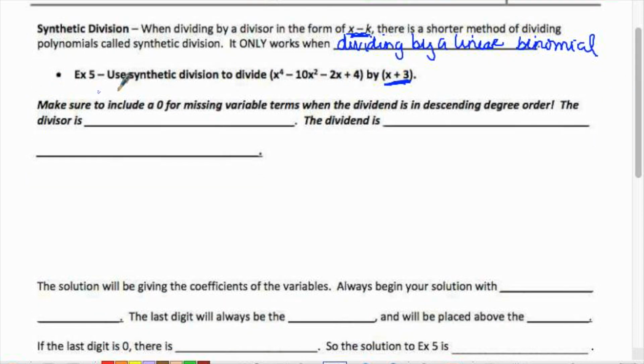So make sure to include a 0 for missing variable terms when the dividend is in descending degree order. The divisor is going to be the opposite of k. Actually, I'm going to write that. The divisor is what x is equal to.